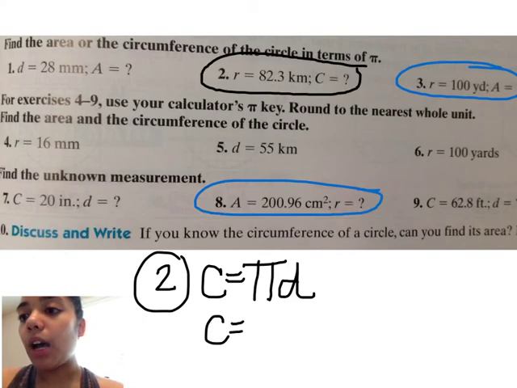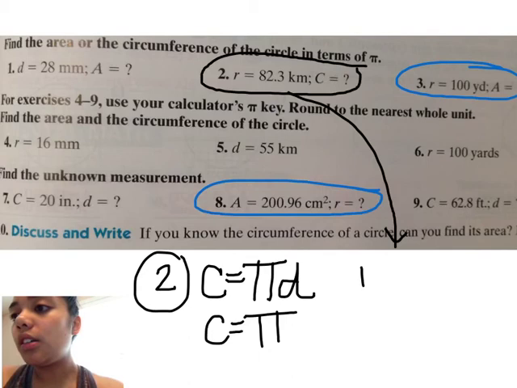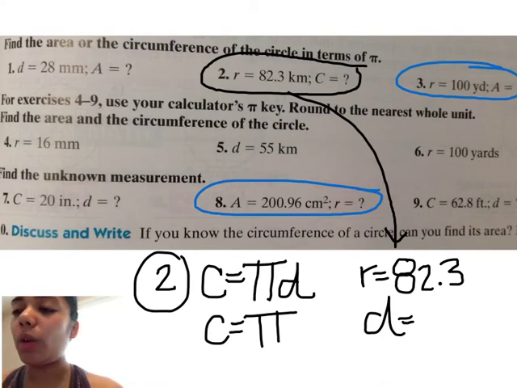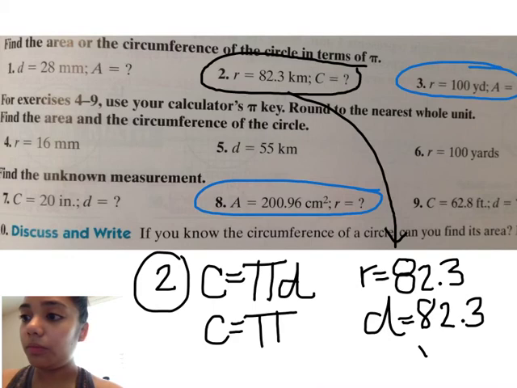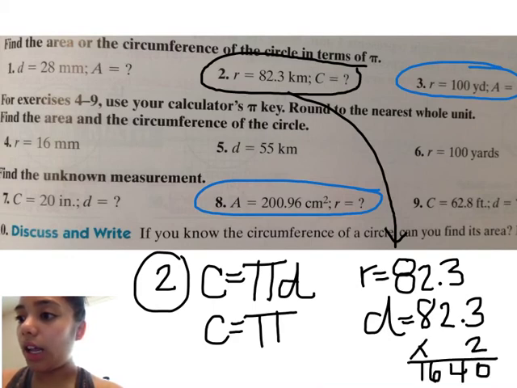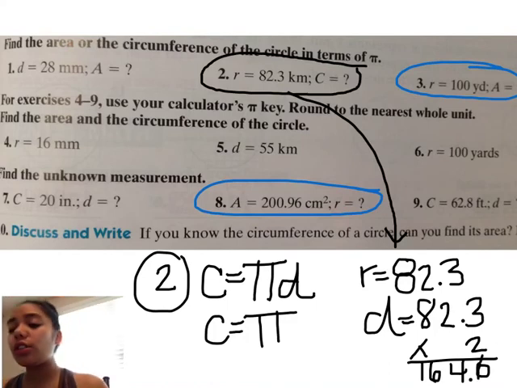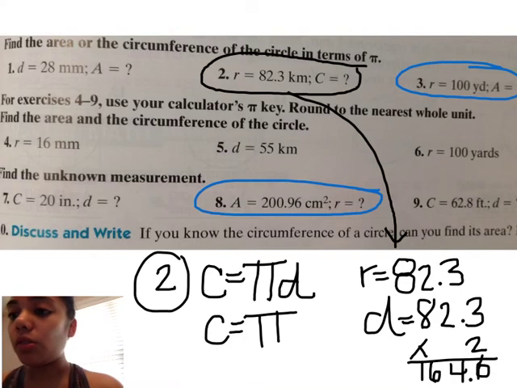Circumference equals pi times, well, if I know my radius equals 82 3/10, then my diameter has to equal twice that, so I'm going to do 82 3/10 times 2. And I get 164 6/10. So circumference equals pi times 164 6/10.